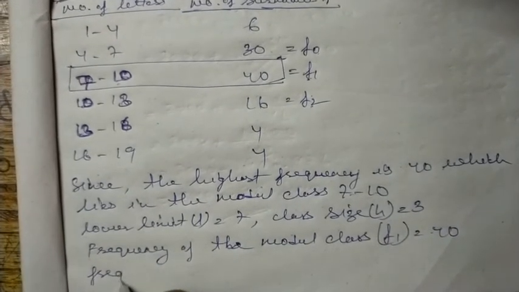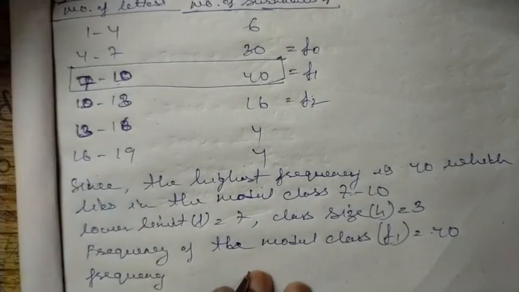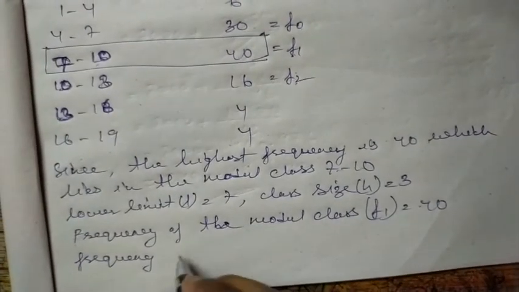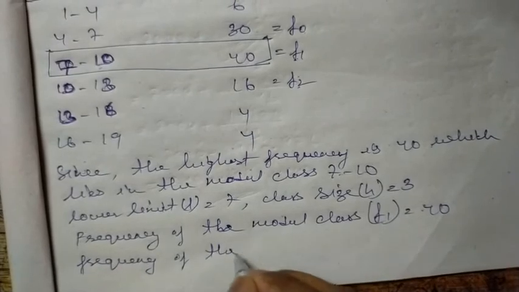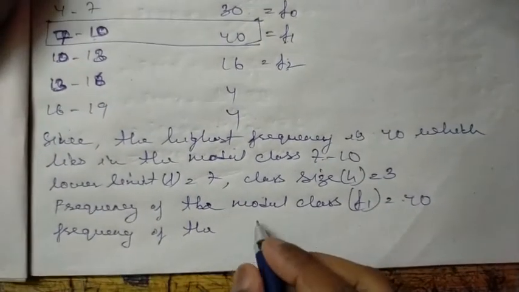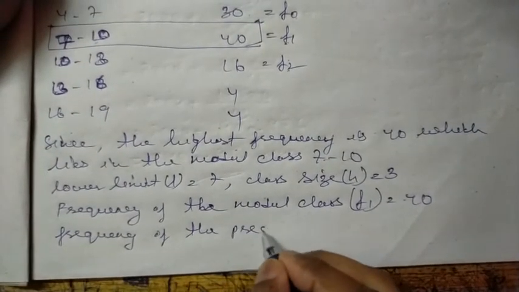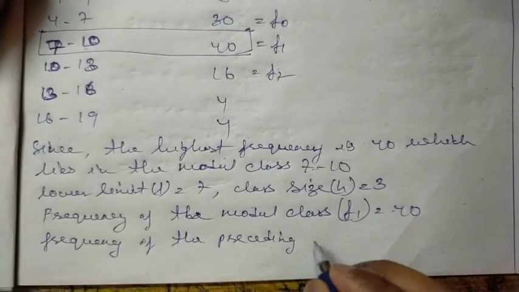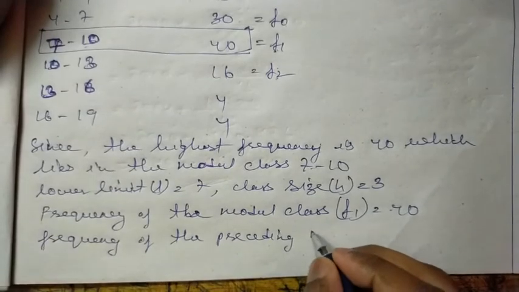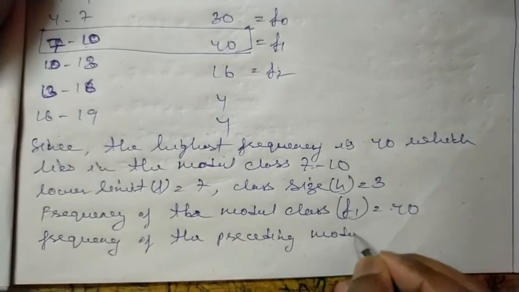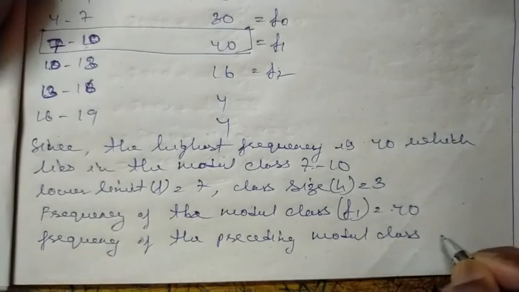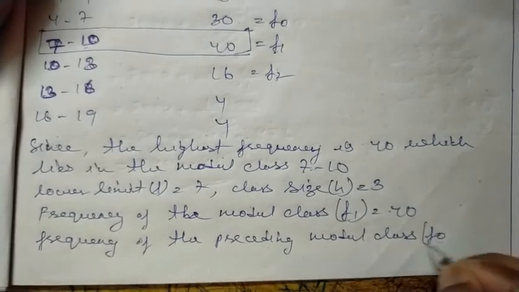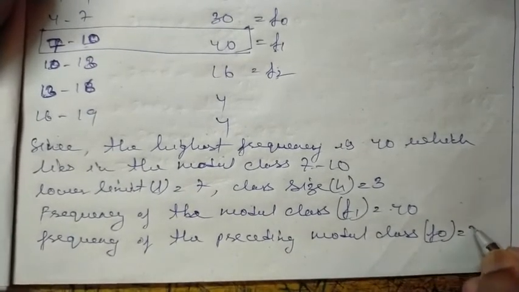Frequency of the preceding modal class, that is F0 is equal to 30.